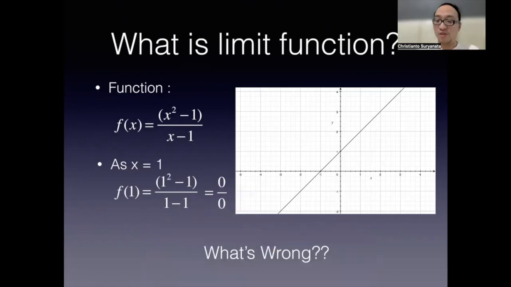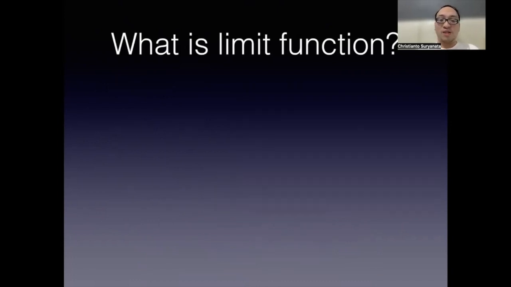So what's wrong with this equation? Is the function wrong? Now, to find the approximation of the value when x equals 1, we have to see what values approach close to x equals 1.